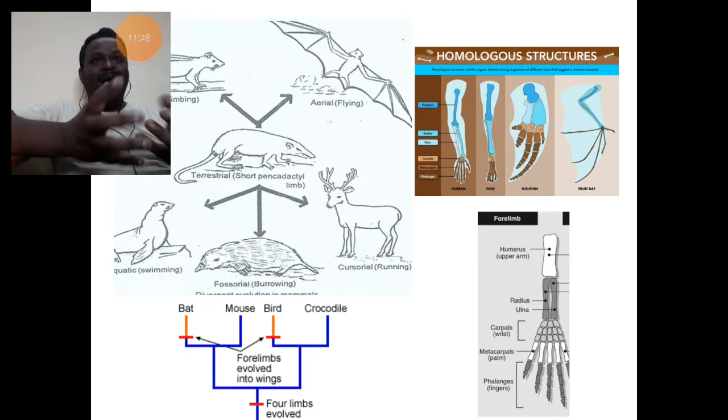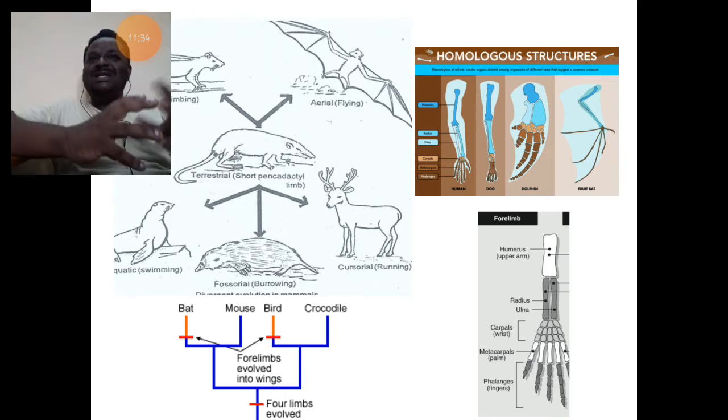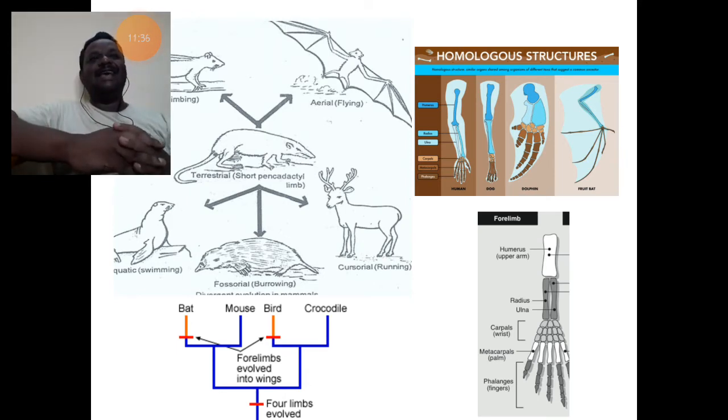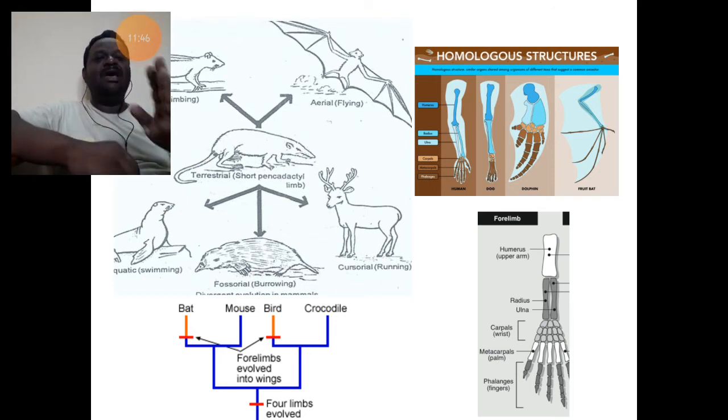But outside, that is morphologically, they appear as different structures, different organs. For example, they appear as flippers in the case of whales or dolphins. When you look at the diagram above towards the right side, the third diagram from the left is the flipper of a dolphin or a whale.